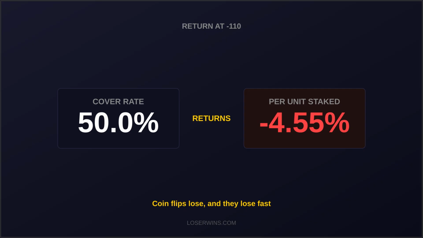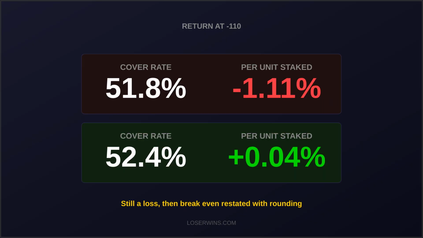At 51.8%, the figure improves to negative 1.11%, still a loss. At 52.4, the return is positive 0.04%, which is the break-even point restated with rounding. Nobody has to source that table. A page reporting 51% and calling it a winner has already failed, whatever its footnotes look like.